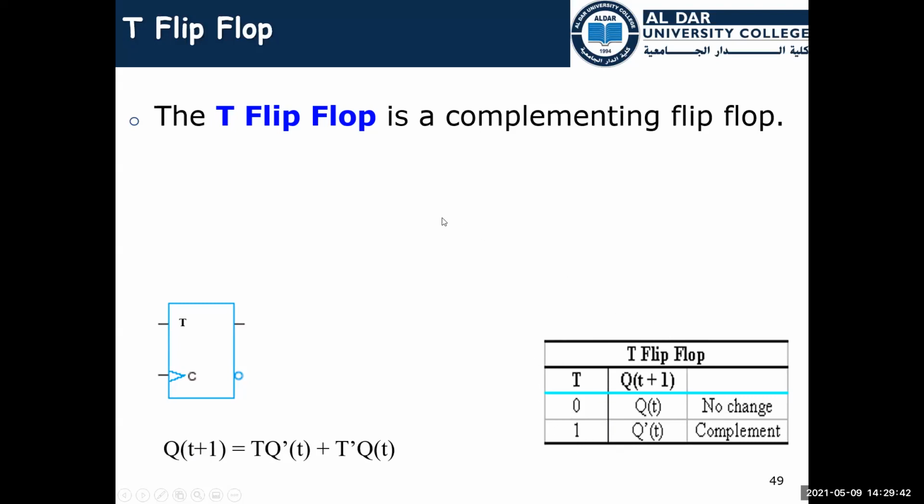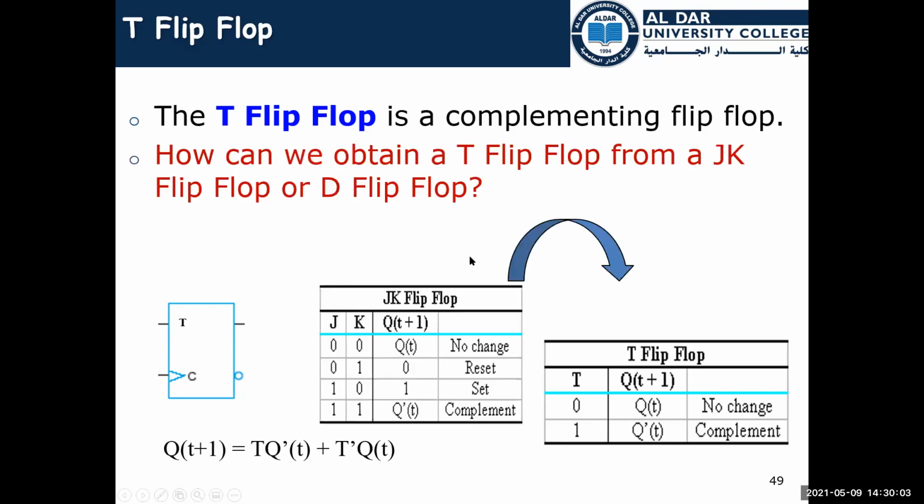Just put the input, which is T, and the previous state, which is Q, and then derive the corresponding truth table, and then use the Karnaugh map or direct mapping to get this characteristic equation.